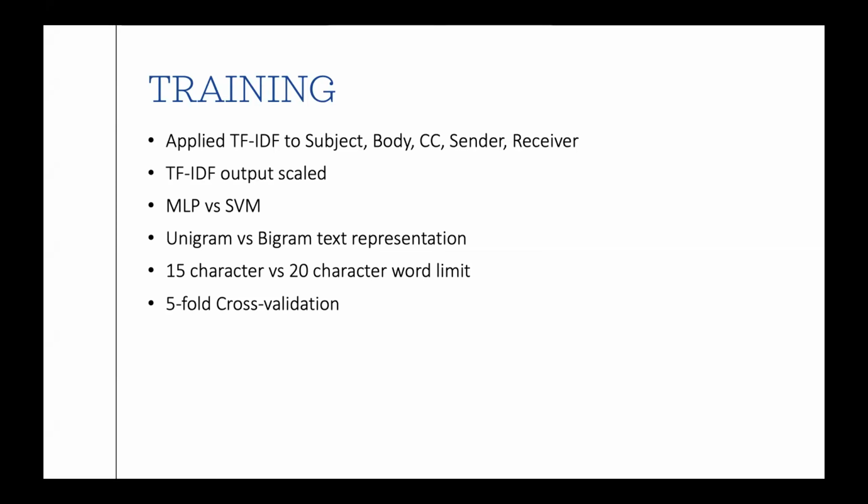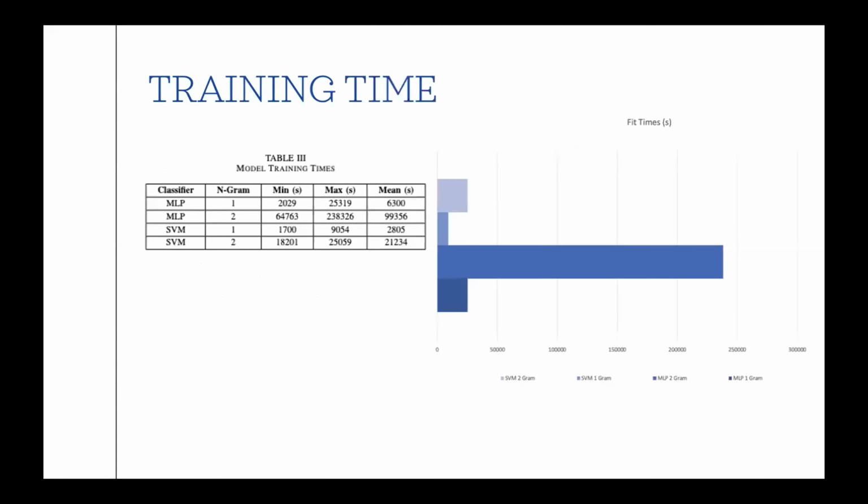The output was scaled, and then the multi-layer perceptron and support vector machine were compared with unigram and bigram text representations from the TF-IDF, limiting the length of words to either 15 or 20 characters, because words longer than that tended not to be real words, and they weren't easily identifiable by a pattern because of special characters in between. And I would have used 5-fold cross-validation to measure the performance.